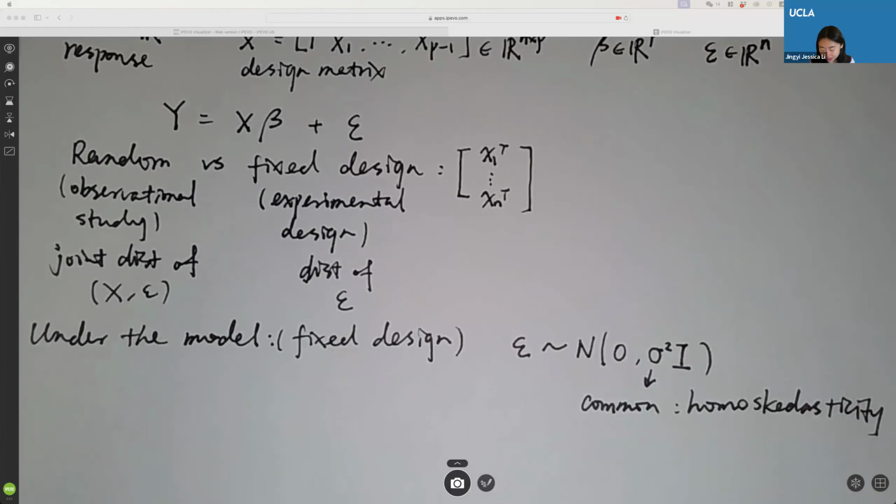Again, we put in the formula for beta hat.